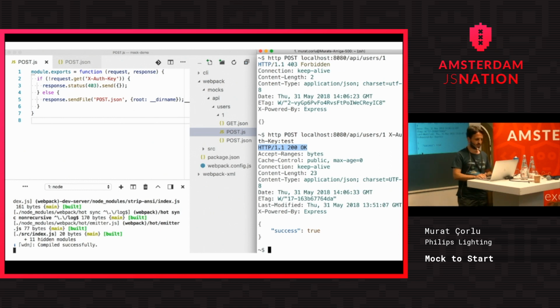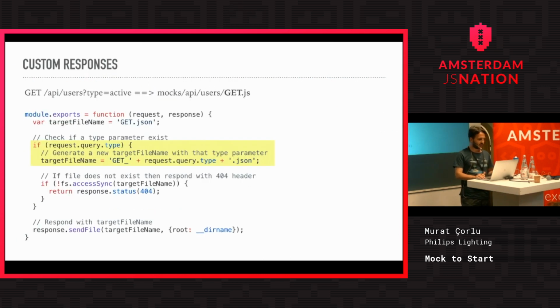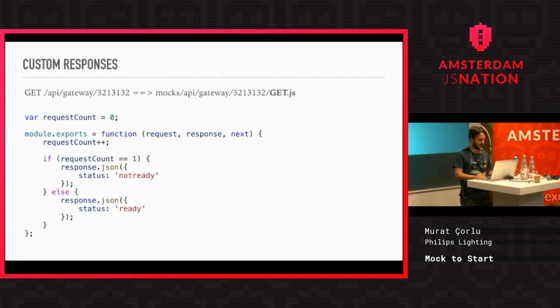So it's very powerful. With custom responses, because we are actually writing a Connect middleware, the possibilities are nearly limitless. For example, we can read query parameters and post body data, and we can return different answers depending on those things.